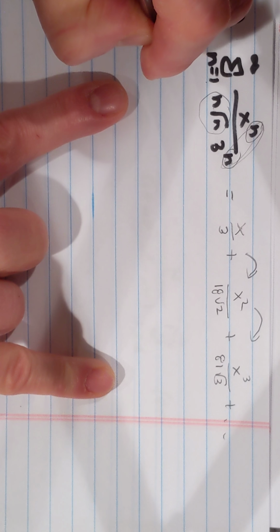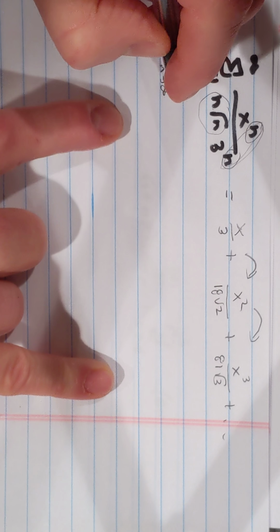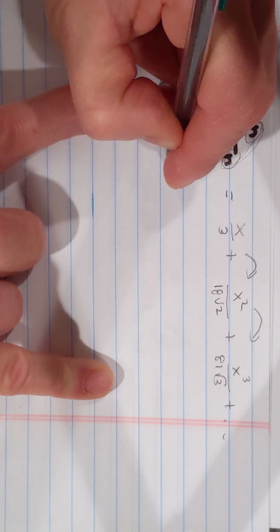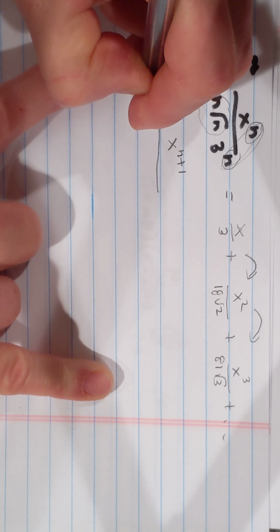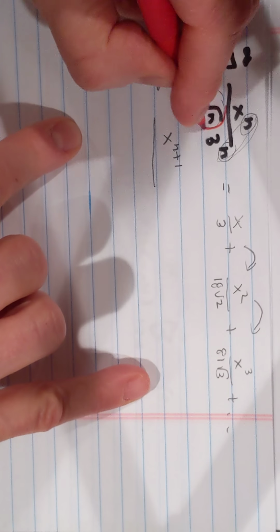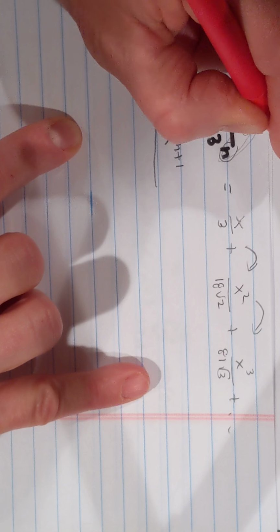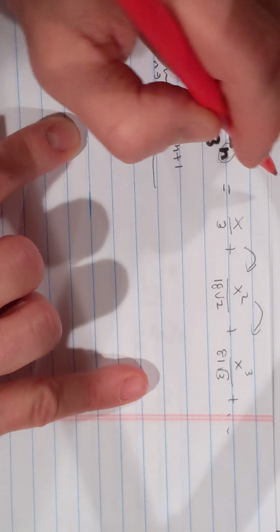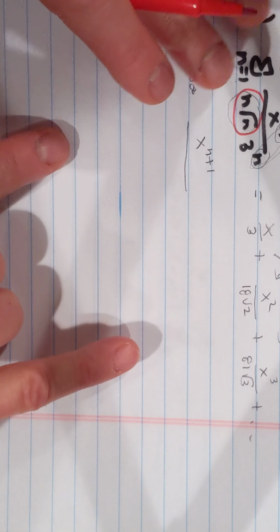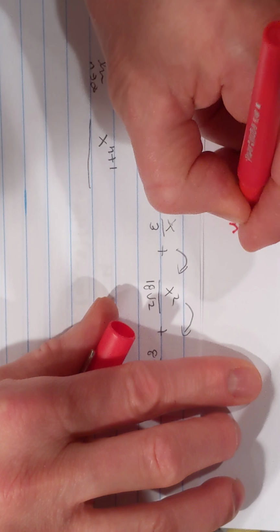So I'm going to try the ratio test, which is the limit as n approaches infinity of the a sub n plus 1 term, which is x^(n+1) over, just a hint, I don't like the way this is written. I'm going to write this as n to the 1 times n to the 1/2, which is n to the 3/2.